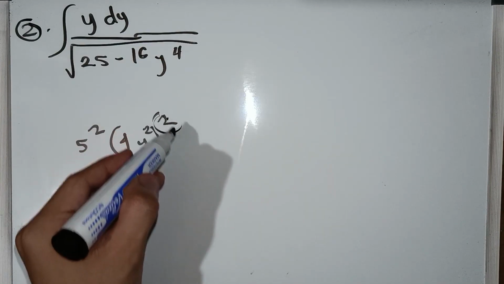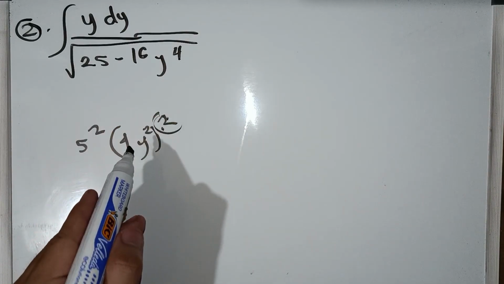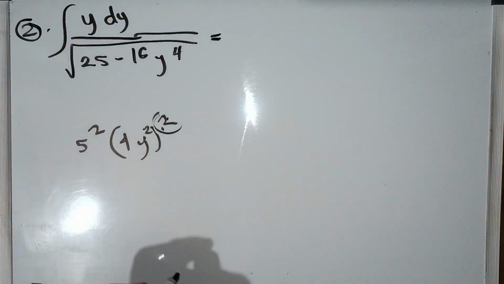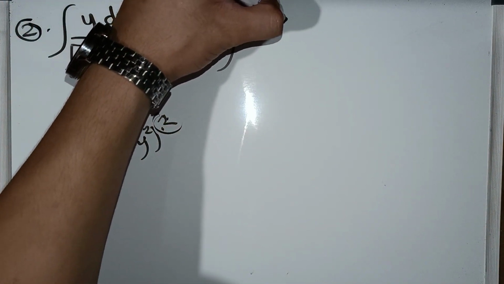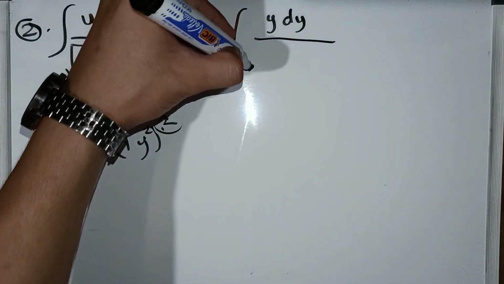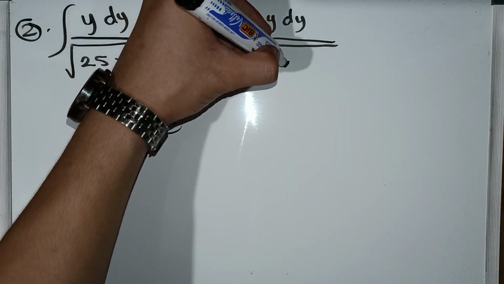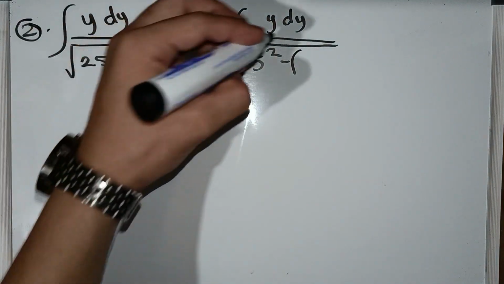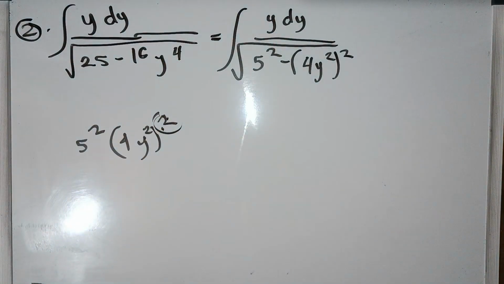We isolate the square because we have the 4th power here, which is needed in our solution. So that is now equal to the integral of y dy over the square root of 5 squared minus (4y squared) squared.